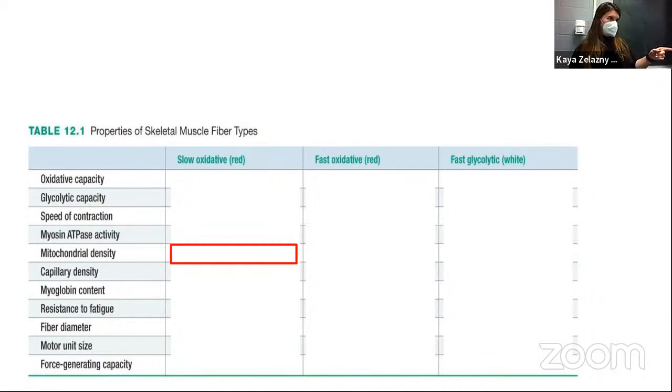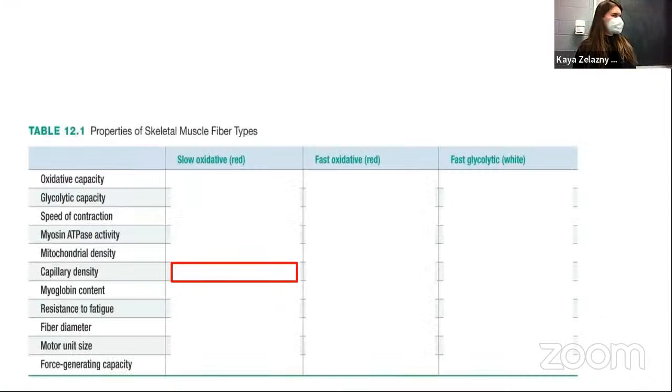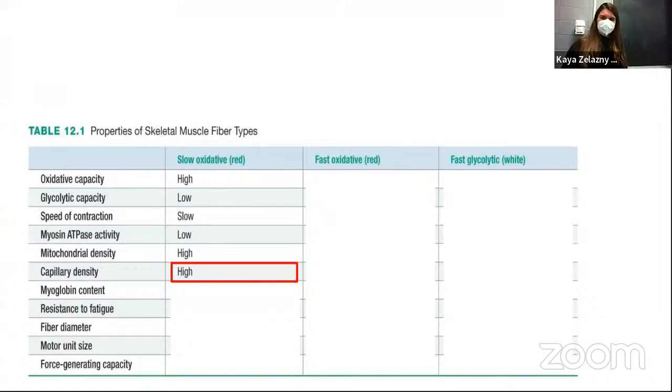Many or few mitochondria? Yeah, high mitochondrial density, many mitochondria. So capillaries. High or low capillary density? Yep. Oxidative, we need oxygen. All right.